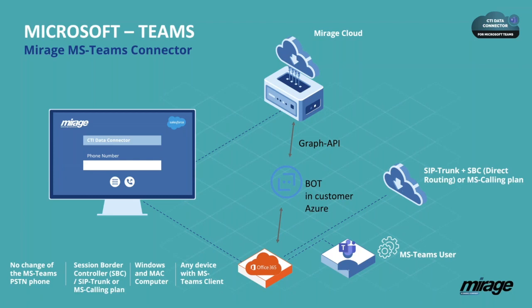So your IVRs, your voicemail, your queues, everything which you configure in the Teams admin center is directly used. And this is a big advantage. You do not need to make an additional setup or do a reconfiguration.